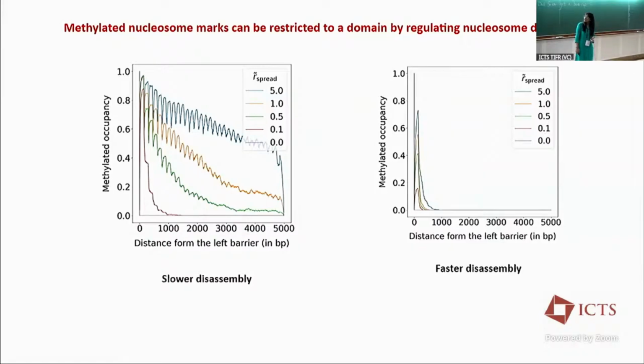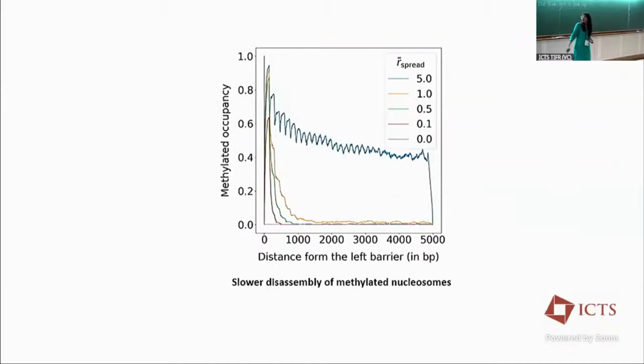So when there is slower disassembly, we find very strong statistical positioning of methylated nucleosomes, which is in some way an indication of strong boundary. But in case of faster disassembly, the methylation gets restricted to a certain domain. Again, the strong statistical positioning reappears once we selectively slow down the removal rate of methylated nucleosomes.